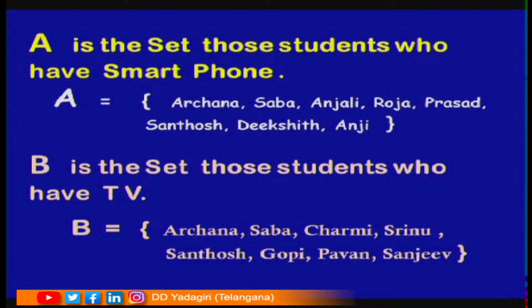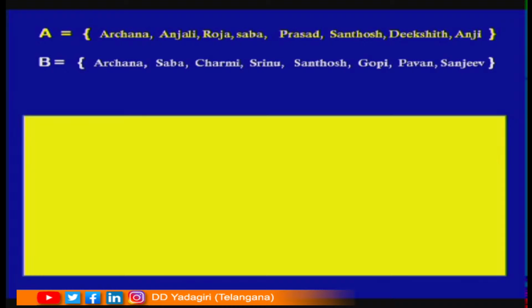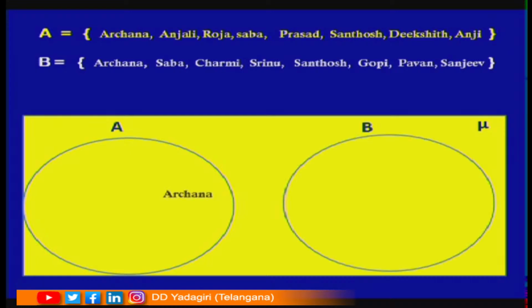Okay. Now, let us see. Can I represent these both sets through a Venn diagram? Yes. Mu is the set of this class. Now, see in set A, Anjali, Roja, Prasad, Dikshita, Anji.